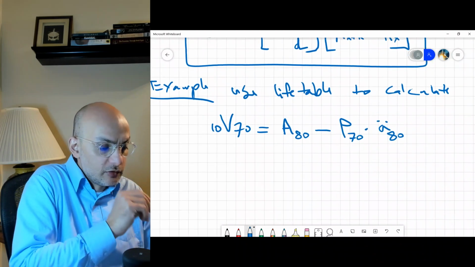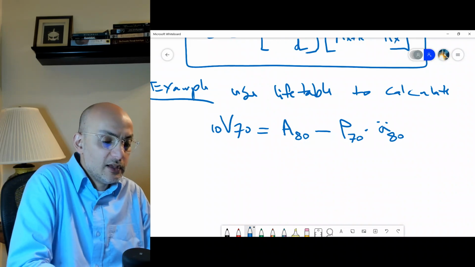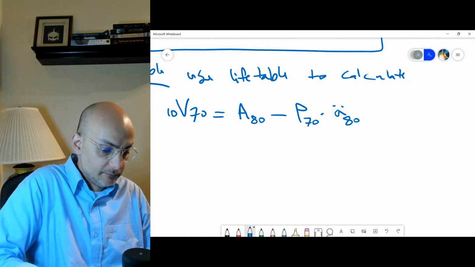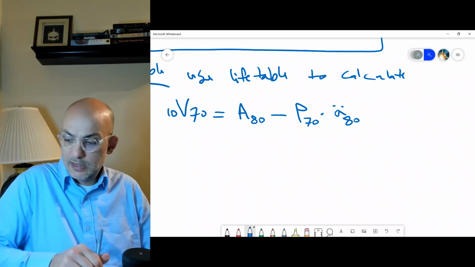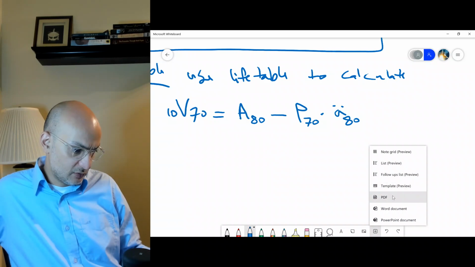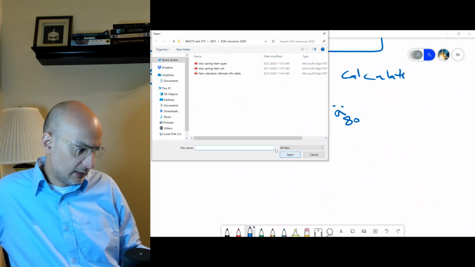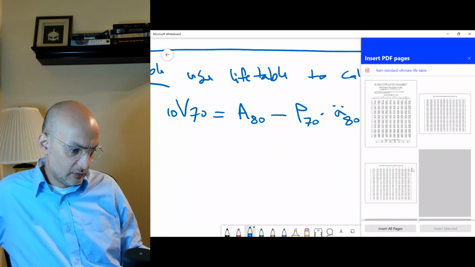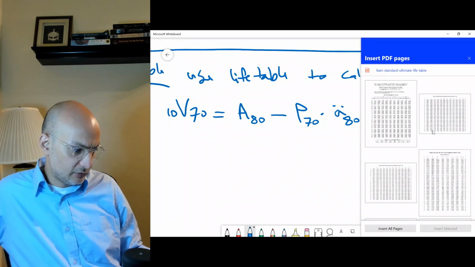So we need everything here. Let's take one by one. Let's bring in the life table. I always like to show it to you, so you can double check with me. We're going to get from age 80, so 1 to the second one.